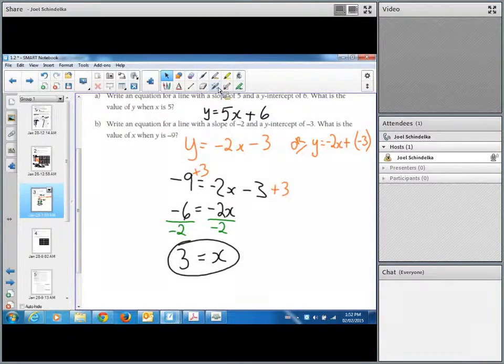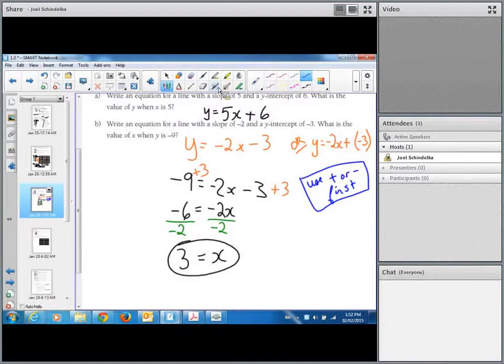I'll give you a chance to practice on those. But if you're looking back at this, there's something you might want to say. Use plus or minus first to get your x thing all alone. Then multiply or divide to get x alone.